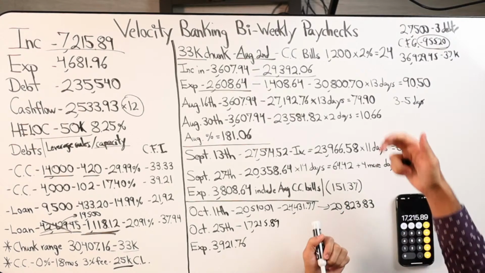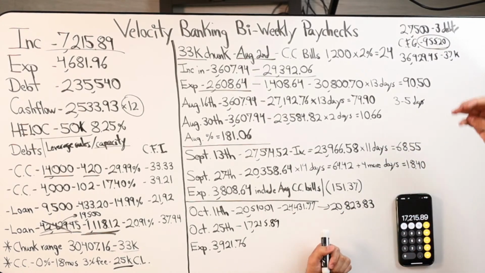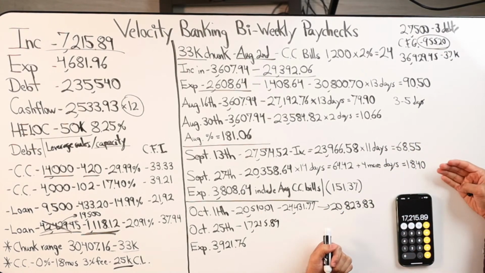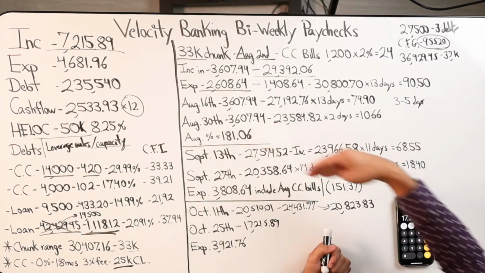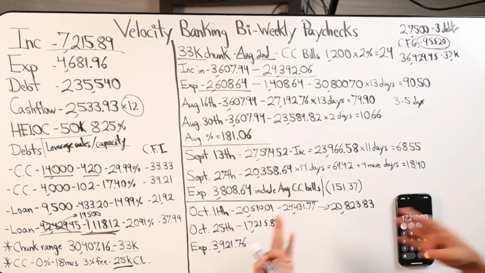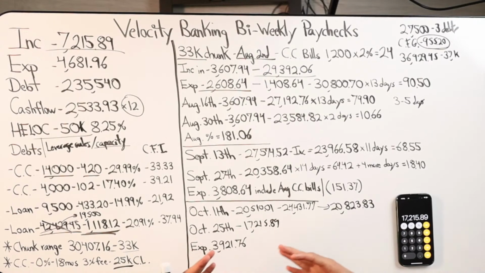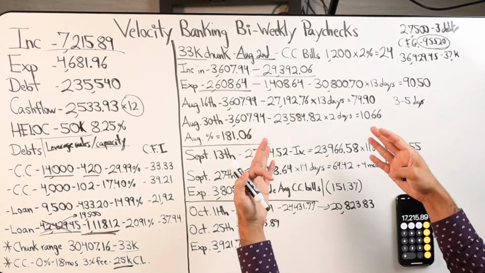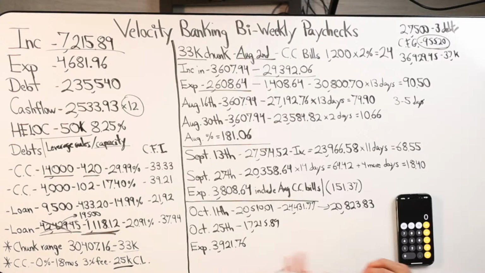At this point, once you have at least 2 months of data where you can look at your HELOC statement, look how much interest you paid, look at the first month, look at the second month of doing velocity banking, see what the difference is in interest costs. I can make a very healthy estimation here based off history without having to do all the math. 181.06 minus 151.37.